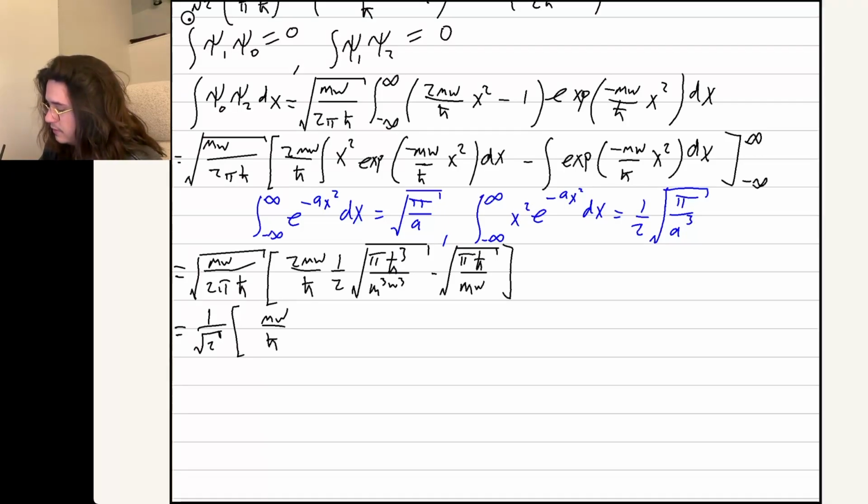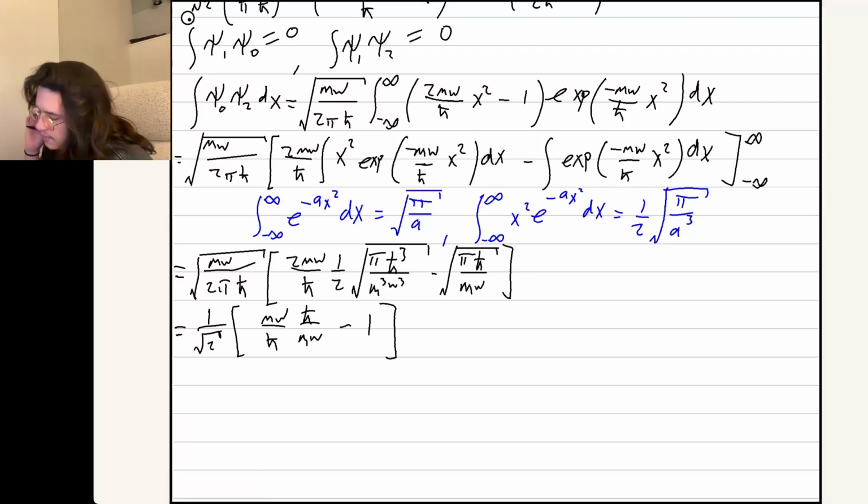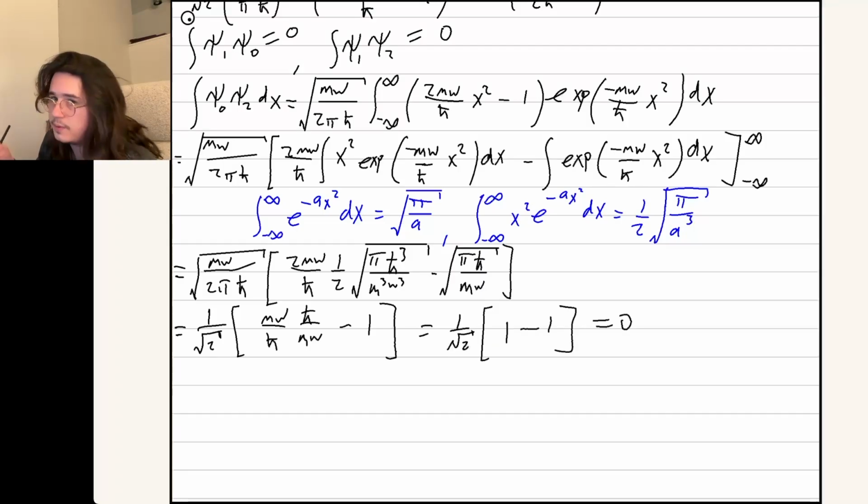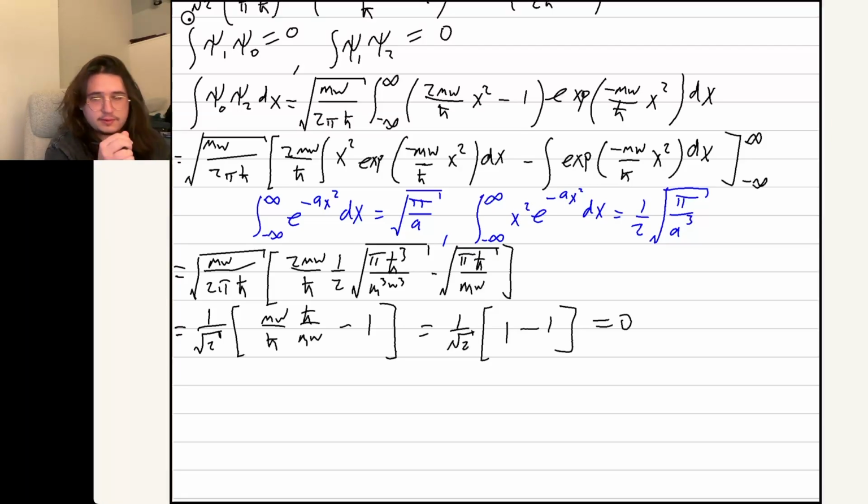So this is just now h bar over m omega, and this is 1. So we have 1 over root 2. Again, the m omegas cancel out, and the h bar cancels out, so you have 1 minus 1. So it's 0. So by doing that, we proved the orthogonality condition for the ground state to the second excited state. So we are good.